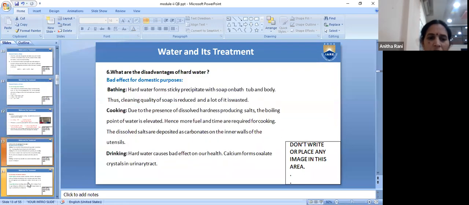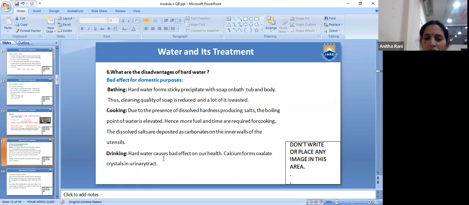I have given here, just to follow, the domestic purpose. If we use hard water, we get precipitate like a white layer in the utensils, and we have to use more fuel, and more time is required for cooking.